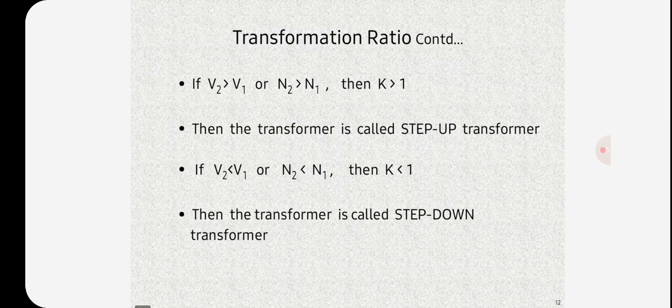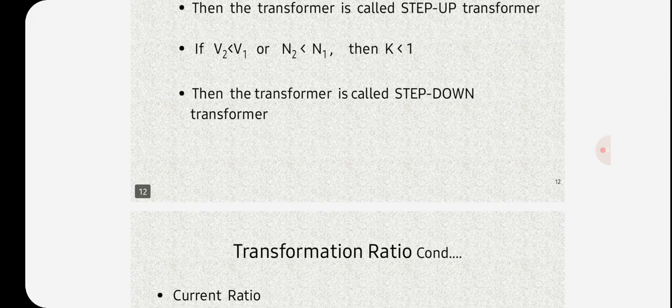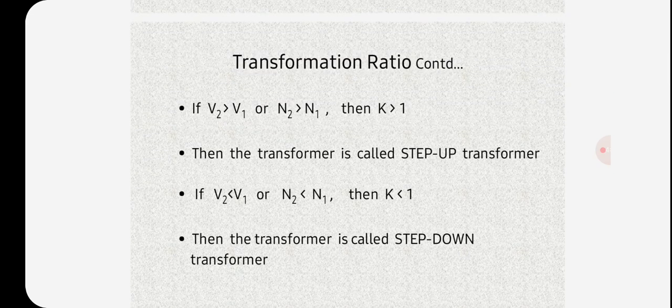And in a step-up transformer, V2 is always greater than V1, N2 greater than N1, then K is greater than 1. In a step-down transformer, V2 is always less than V1 or N2 less than N1, then K is less than 1. So based on E1, E2 and this transformation ratio, we have a few problems to solve.